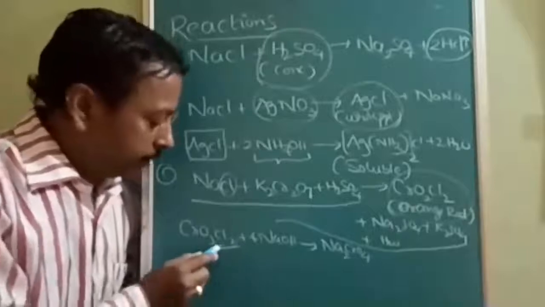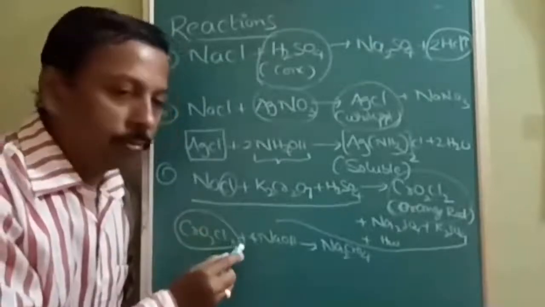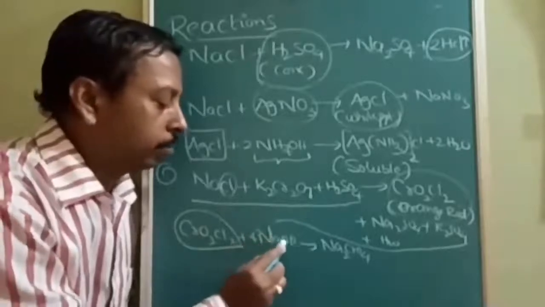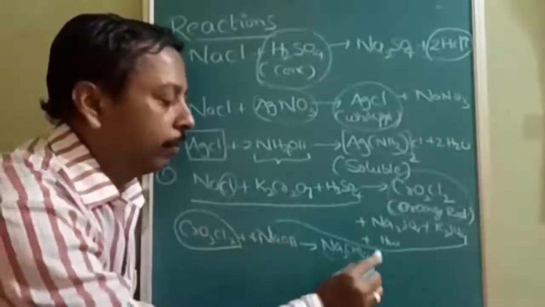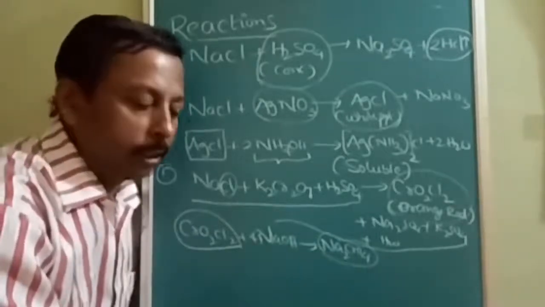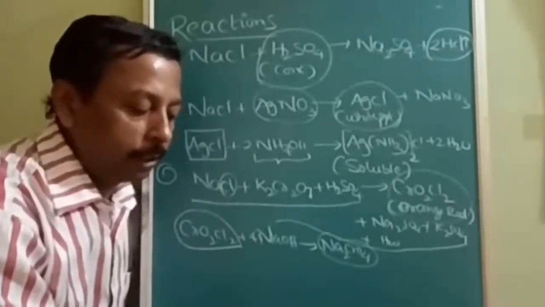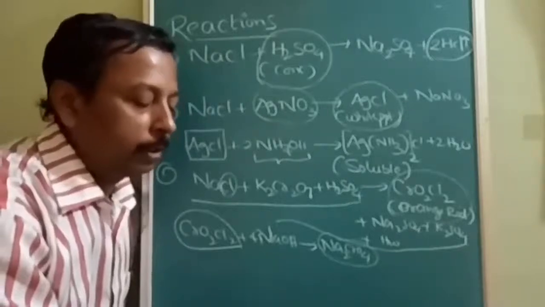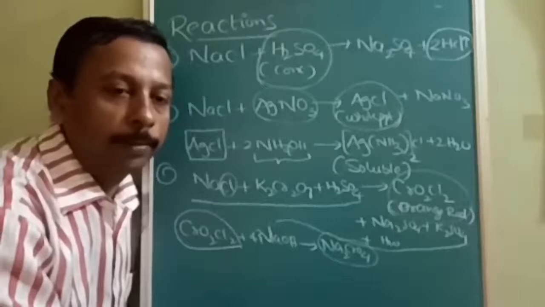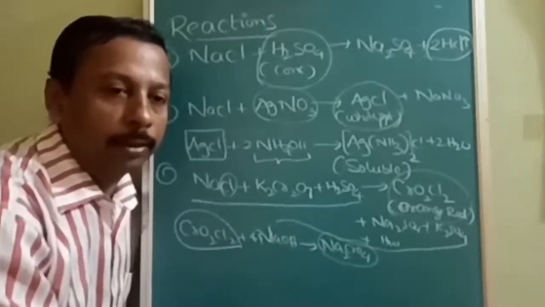When these CrO2Cl2 vapors are passed through NaOH, it forms Na2CrO4. This Na2CrO4 is further treated with lead acetate, and then a yellow precipitate will be formed. These are the tests to identify.